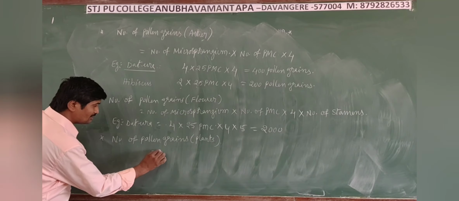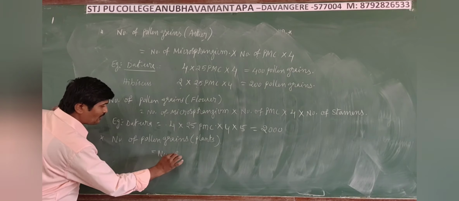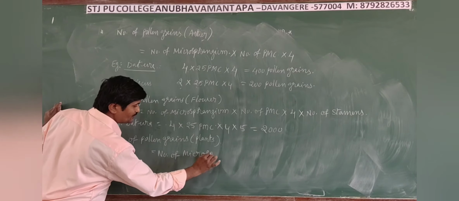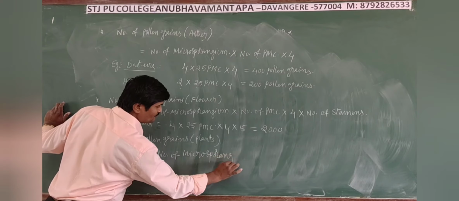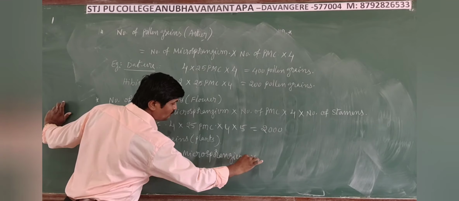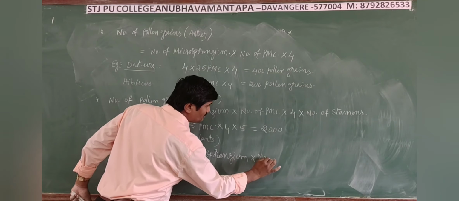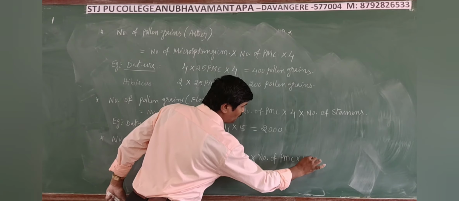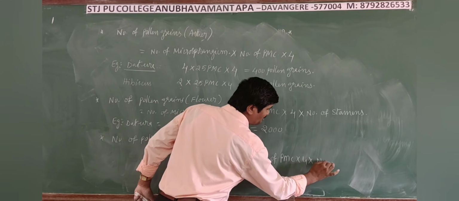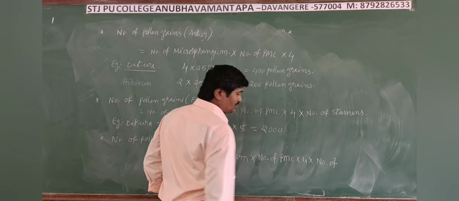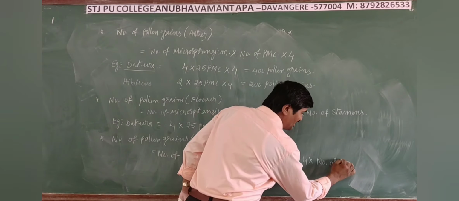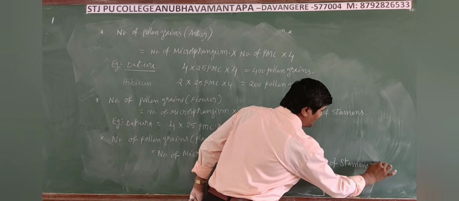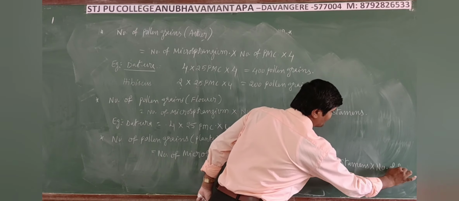See here, the number of microsporangia into the number of pollen mother cells into 4 into the number of stamens into the number of flowers.